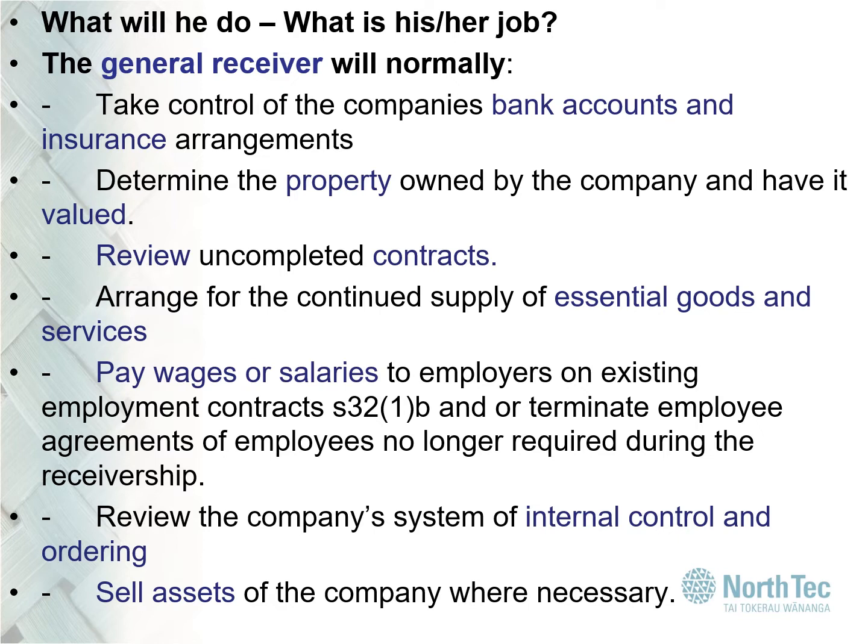And so you will only have a few interested buyers. And usually, or almost always, the prices will be way lower than market related. You will have to review uncompleted contracts, and you'll have to arrange for the continued supply of essential goods and services as a receiver.